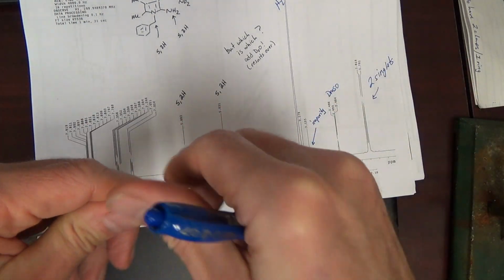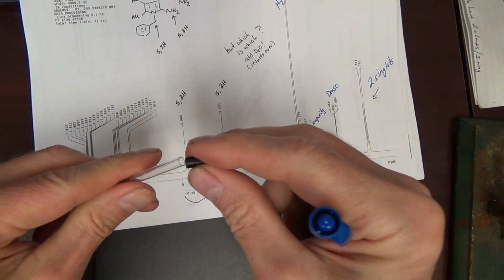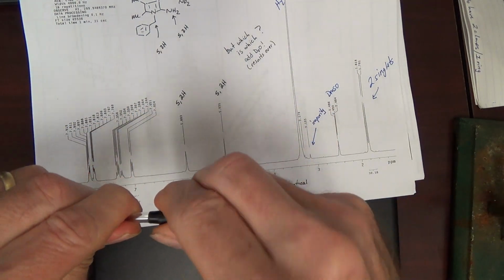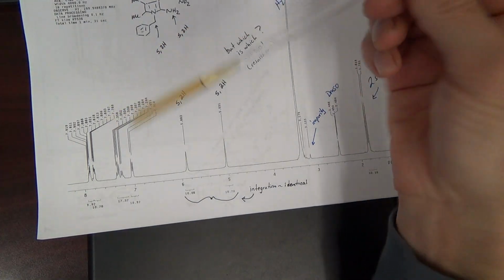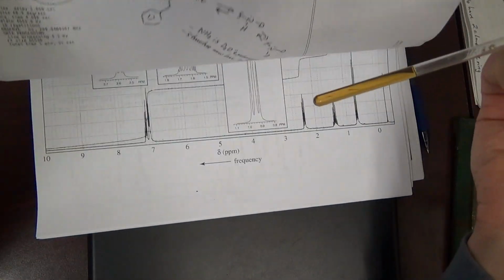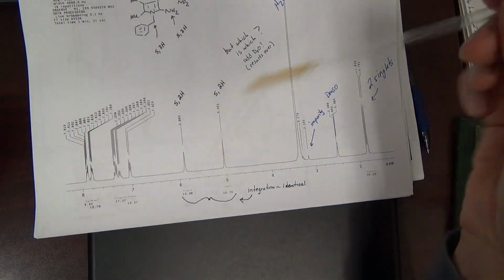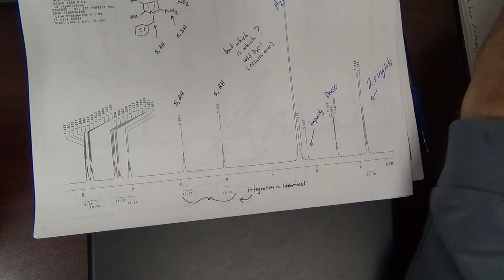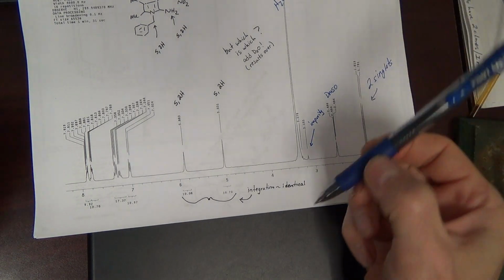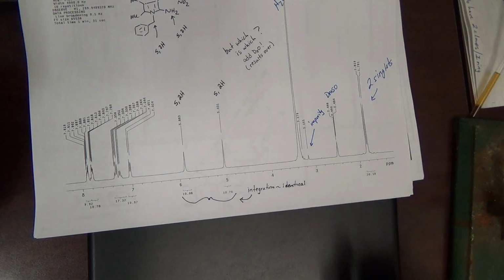Then we go back and we open up the tube and we add in a drop or 2 of D2O. And we shake it so it can mix. Okay, and as it's mixing, that chemistry that we just talked about takes place. And any exchangeable protons will exchange with the deuterium and become D instead of H.